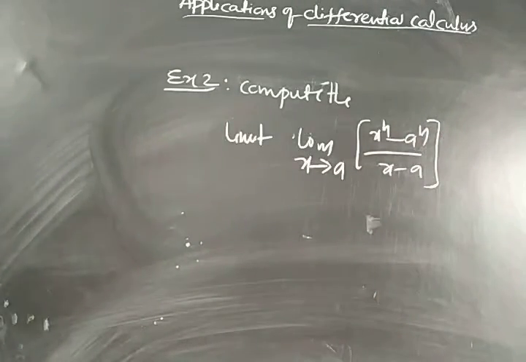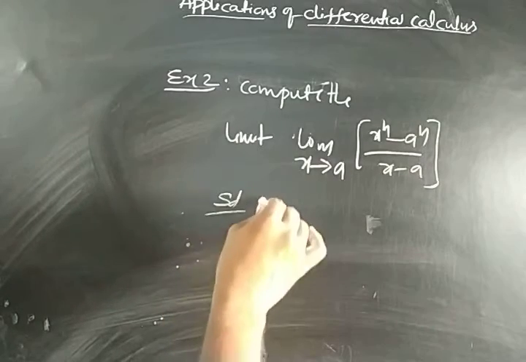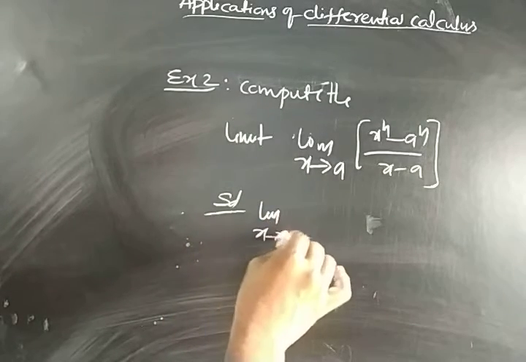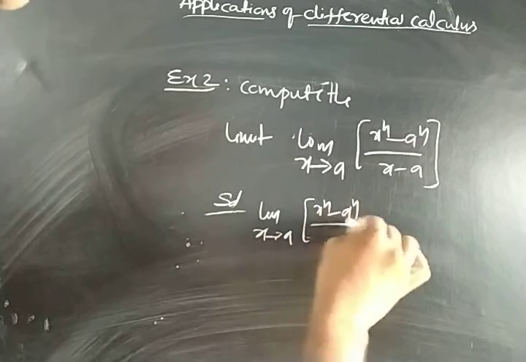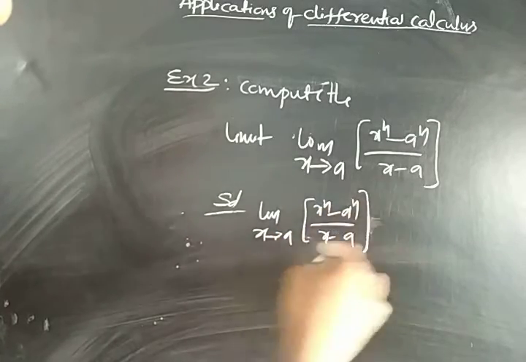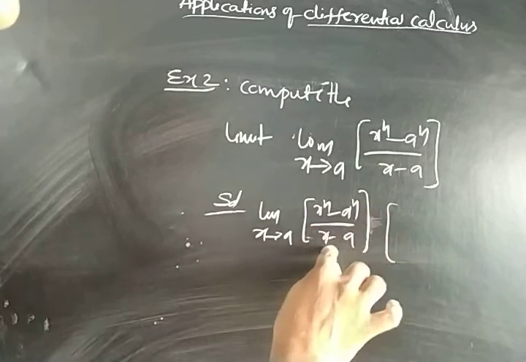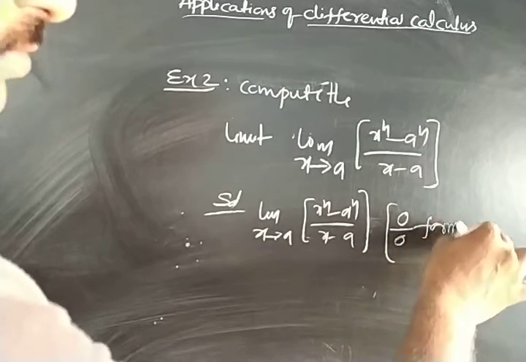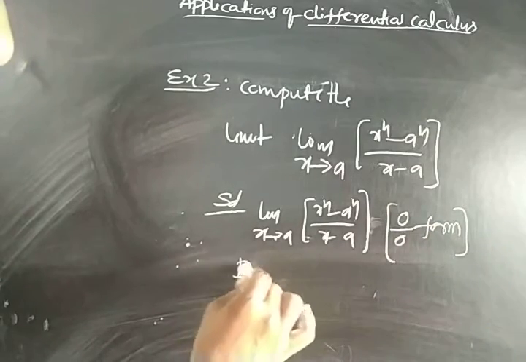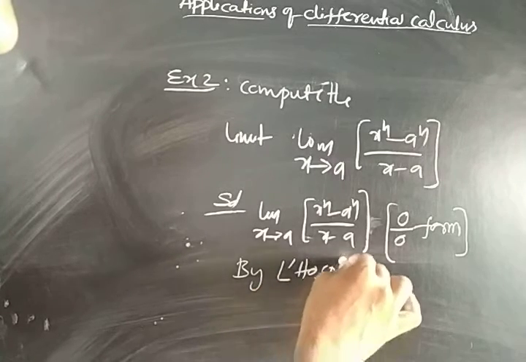Now the solution. Substitute a in place of x, you will get 0 by 0: a power n minus a power n is 0, a minus a is 0. When you are getting 0 by 0 form, apply the L'Hospital rule.